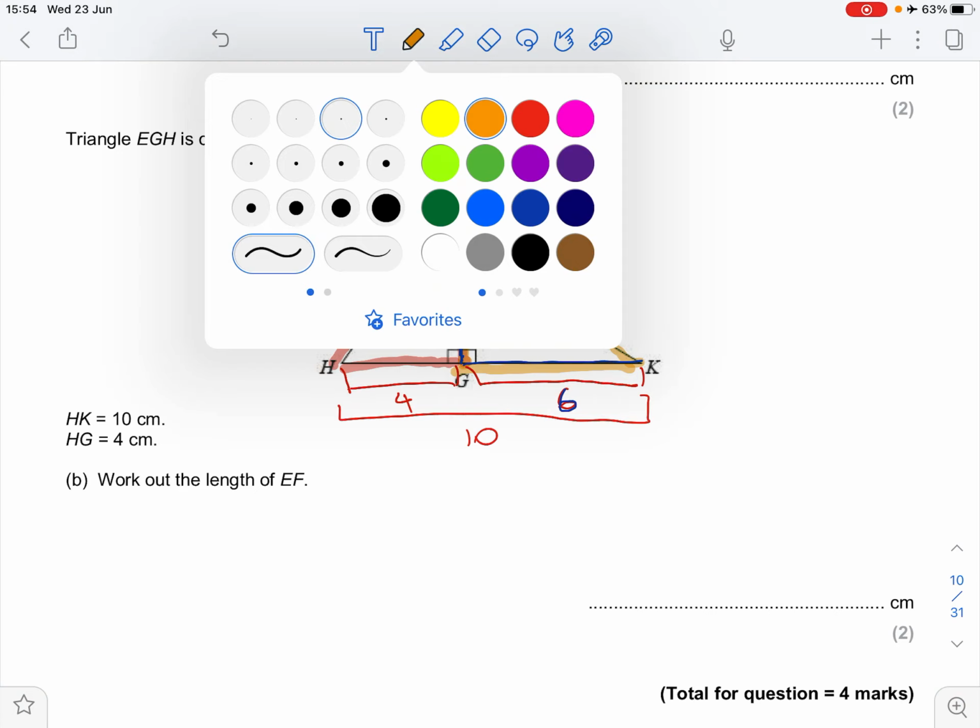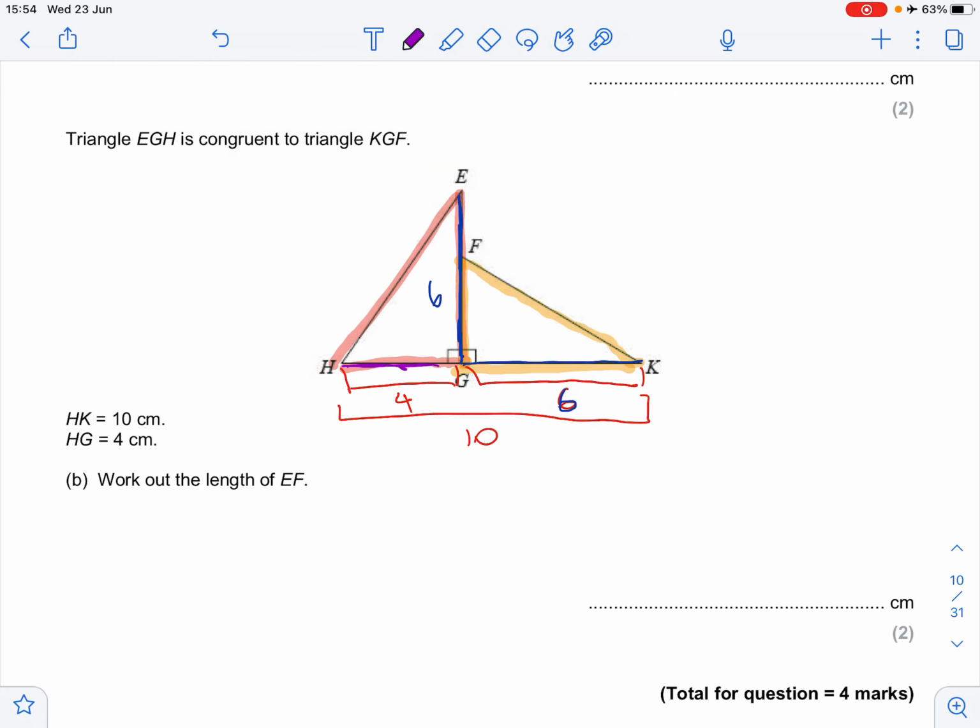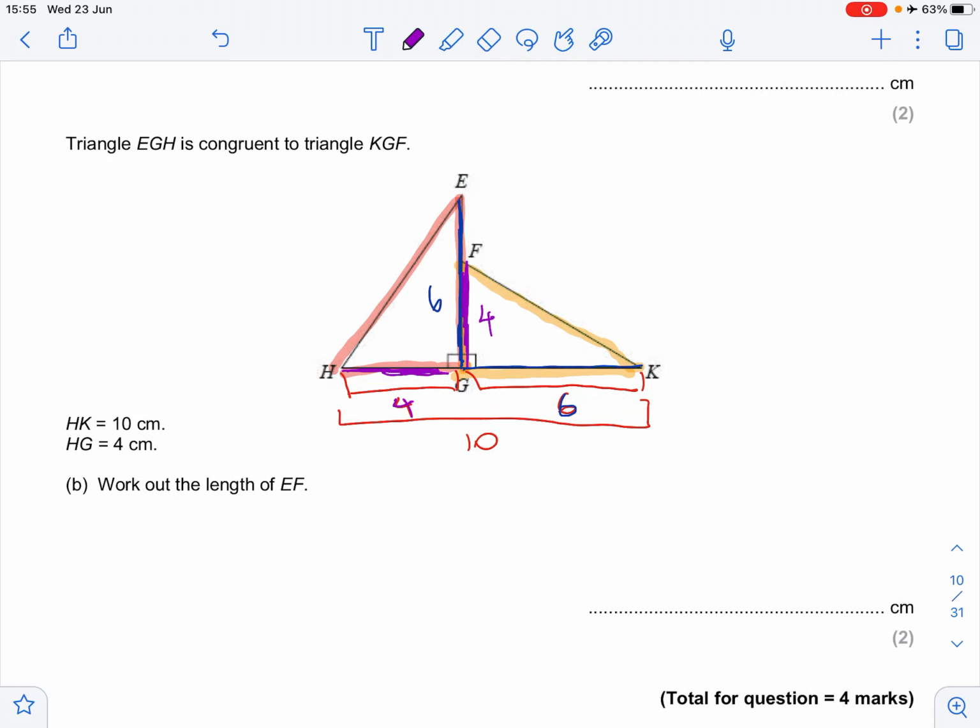And the shorter side, which is 4, is this length here. We're asked to work out the length EF. If we know this total length here is 6 and that's 4, this must be 2, as 2 add 4 equals 6. So your answer is 2.